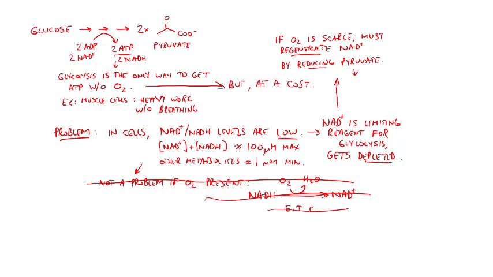And there's two separate reactions that are responsible for reducing pyruvate that we're going to talk about. One is called lactate or lactic acid fermentation. That's what humans do. And the other is ethanol fermentation, which is what yeast do.